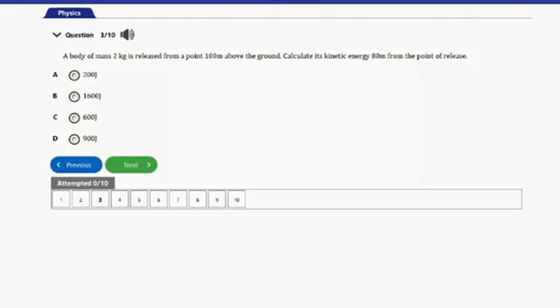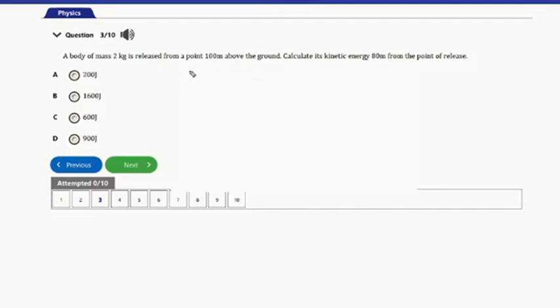Alright, so guys, the next question here is question number 3. It says, a body of mass 2 kg is released from a point 100 meters above the ground. Calculate its kinetic energy 80 meters from the point of release.